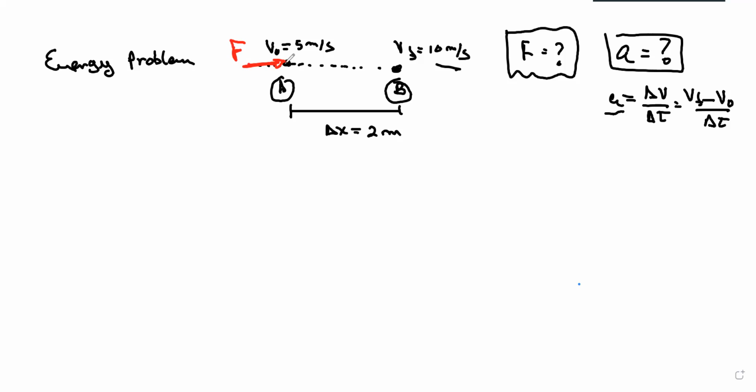So how do we solve this problem? Well, we can use the theorem of energy. The work is going to be 1/2 of the mass times the final velocity squared, minus 1/2 of the mass times the initial velocity squared. But the work is defined as force times distance.